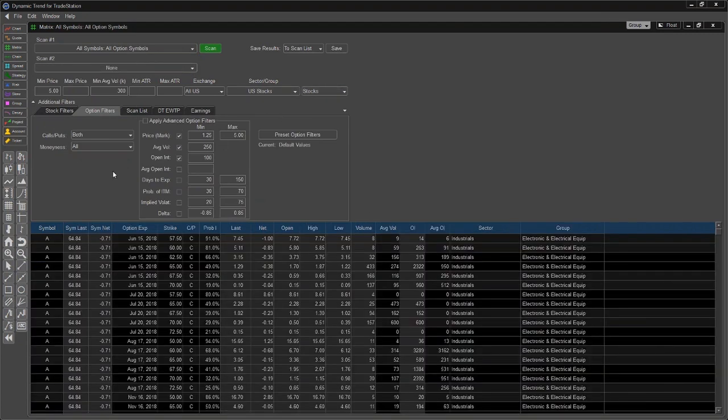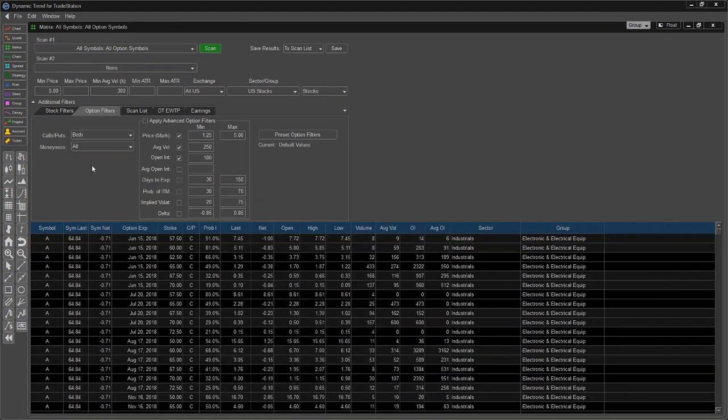And now it will let me search for puts or calls, in the money, at the money, out of the money, or all of the above. And then I can say, with my advanced filters, only show me options where the price is between a certain price for the option, average volume, open interest, days to expiration, probabilities of in the money, implied volatilities.